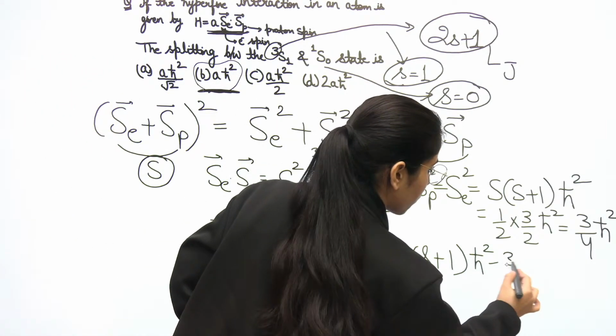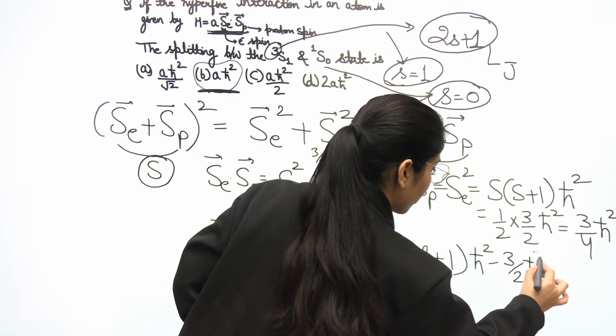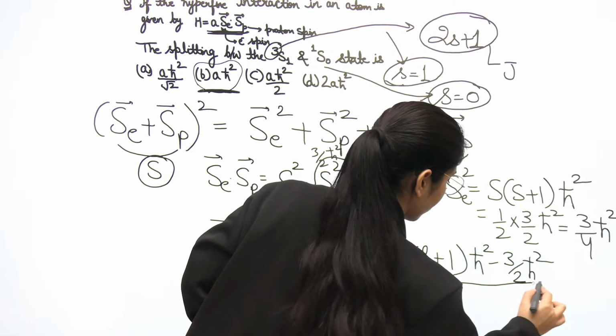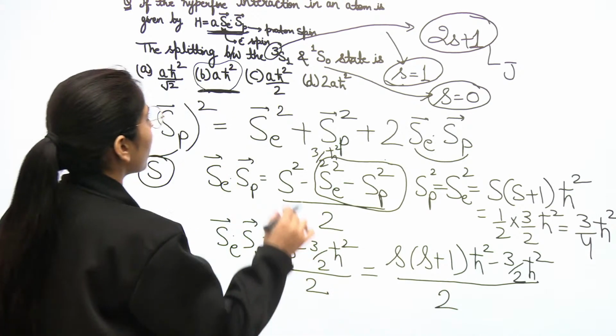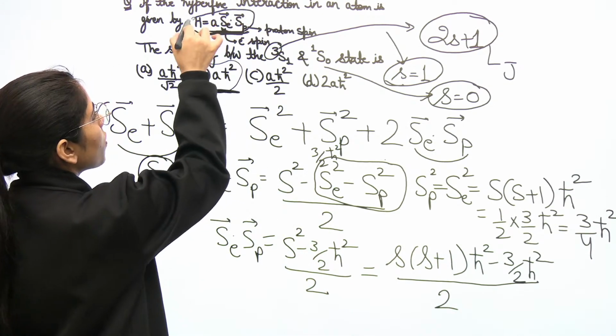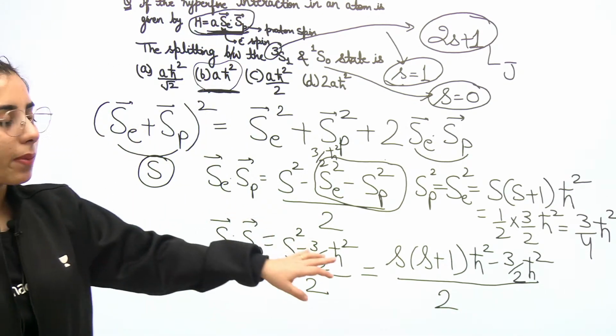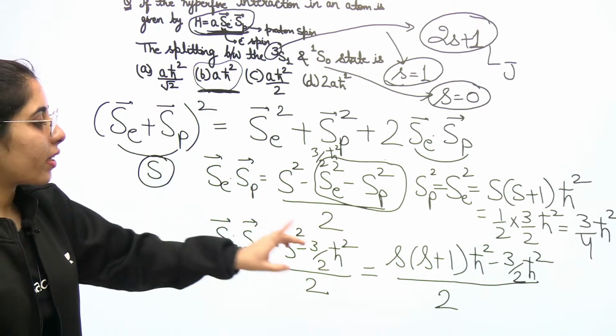That will give you the right answer, and that is the important step. Also, don't forget to consider the h value, because you just need to multiply this term with a to get the h value.